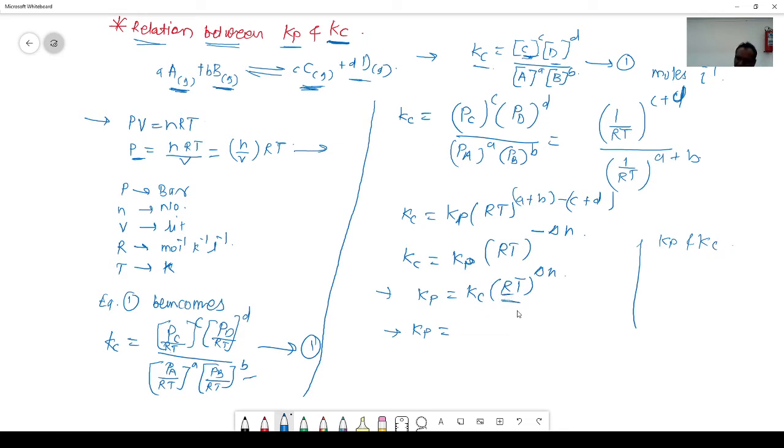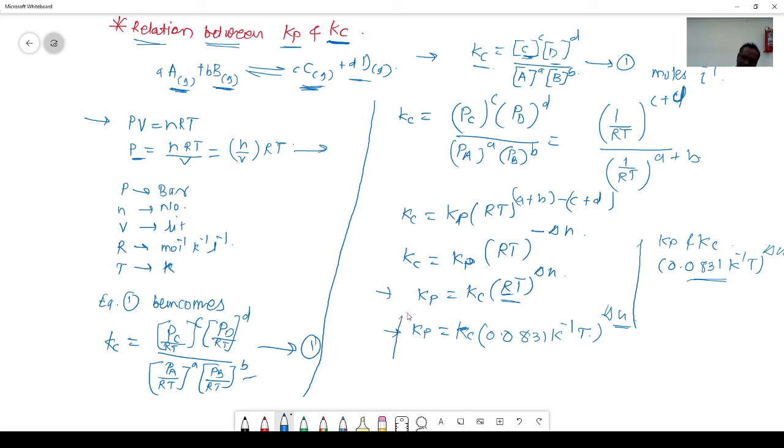This R value can be made dimensionless, that is, it is equal to 0.0831 per degree Kelvin, T raised to delta N. That R value I have converted into the dimensionless form. Therefore Kp becomes Kc into 0.0831 per degree Kelvin into T raised to delta N. Delta N is the number of moles of the product minus number of moles of the reactant.